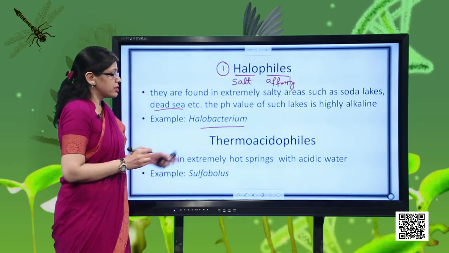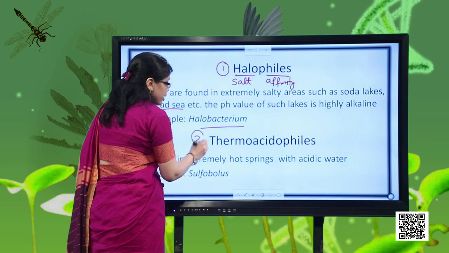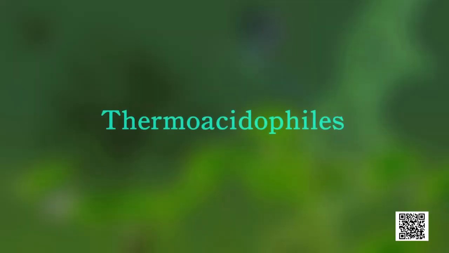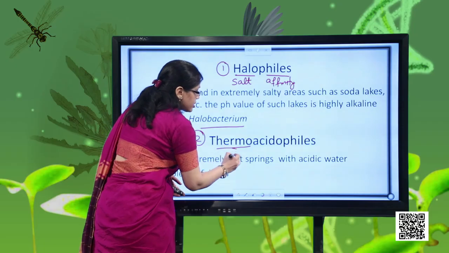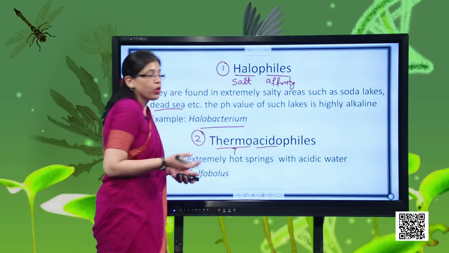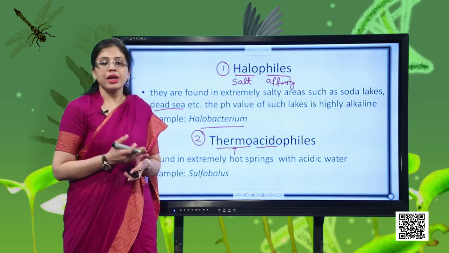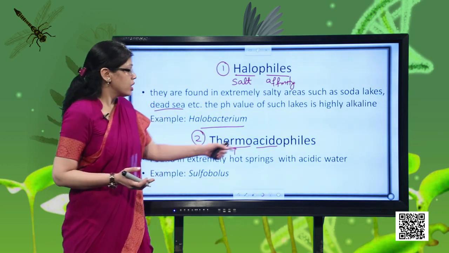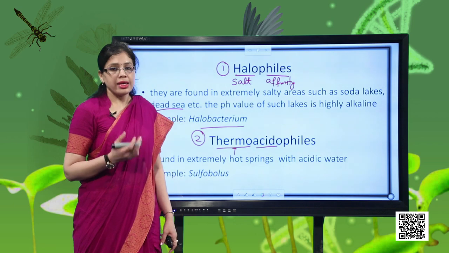Then we have second type of Archaebacteria only, which is called thermoacidophiles. Okay. Thermo word refers to temperature, high heat. Acido word, I hope all of you are familiar that pH can be either acidic or basic or neutral. So acid word here refers to the acidic medium.